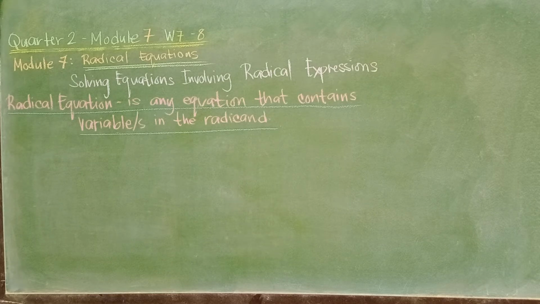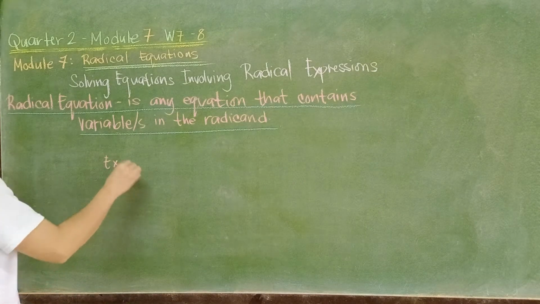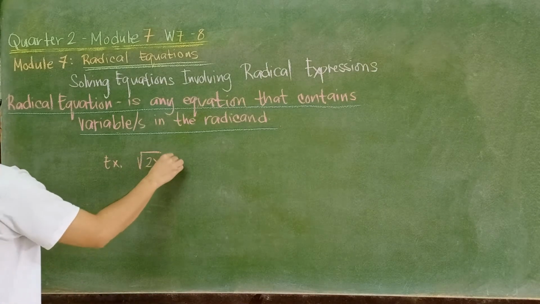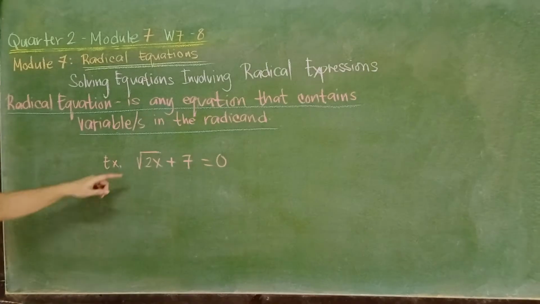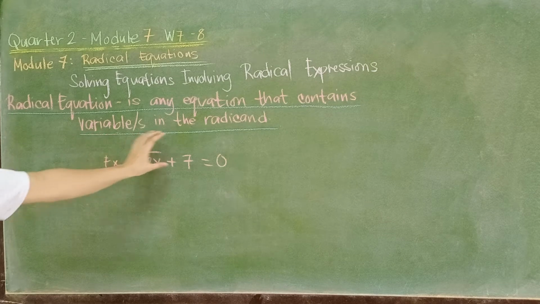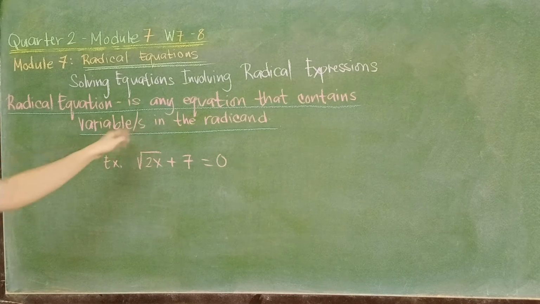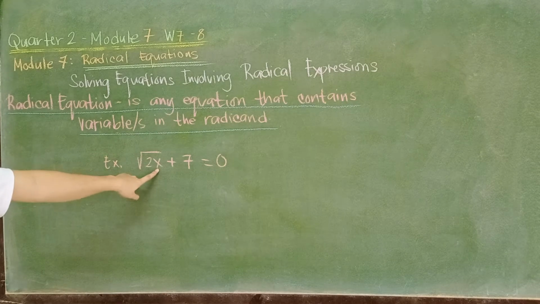So an example of this is if you have square root of 2x plus 7 is equal to 0. This is considered a radical equation kasi sa loob ng radical sign meron kang variable na x.